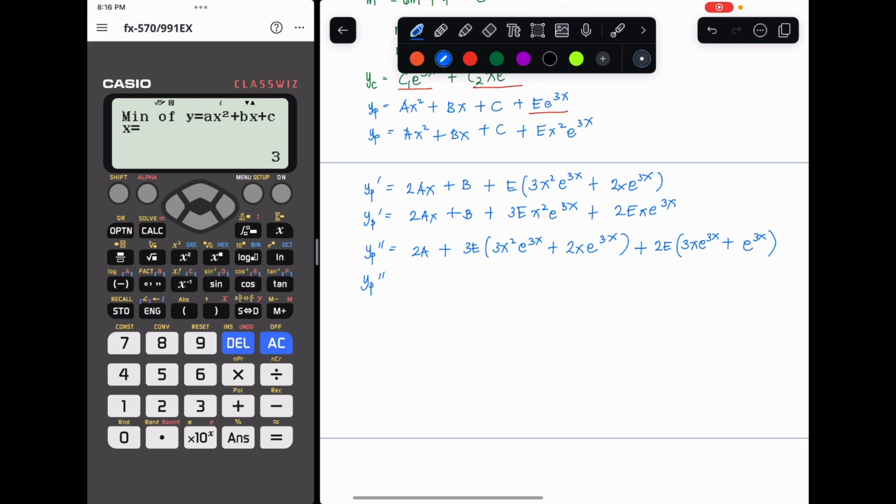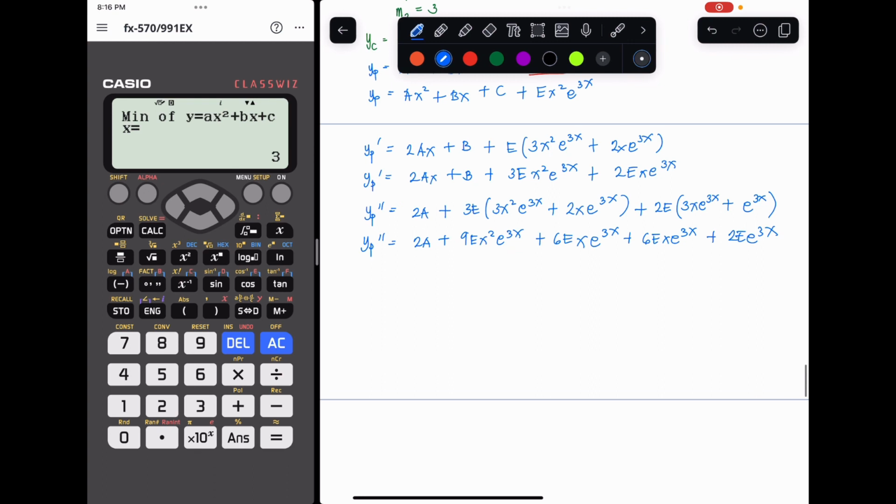So yp double prime will be 2a plus 9E x squared e raised to 3x, then 3E times 2x, which is plus 6E x e raised to 3x, then plus 6E x e raised to 3x, and then plus 2E e raised to 3x as well.